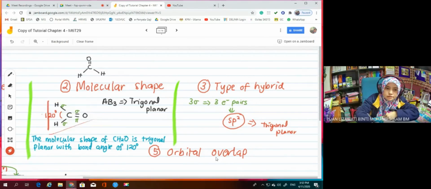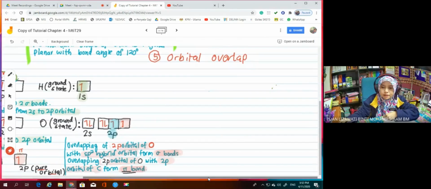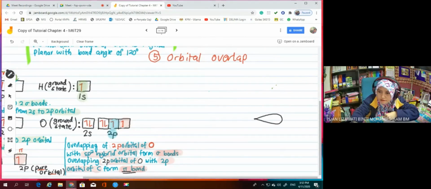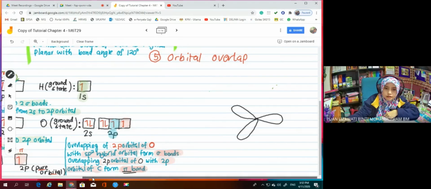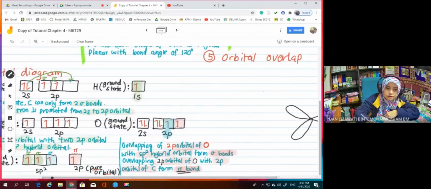This is easier. First, you have to draw the sp2 hybrid orbital. Next, the sigma bond here is formed between the sp2 hybrid orbital and the 2p orbital of oxygen.